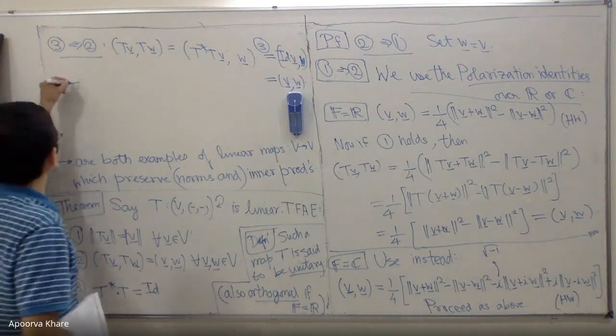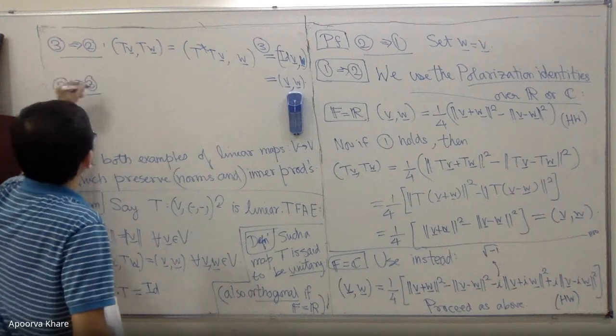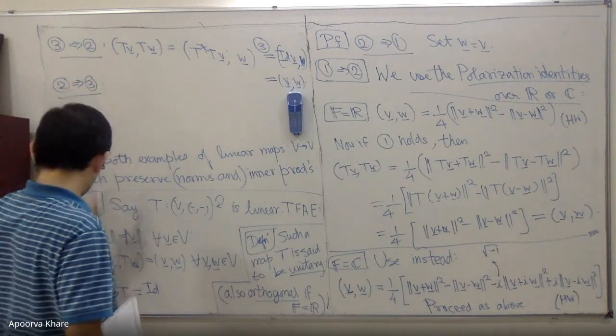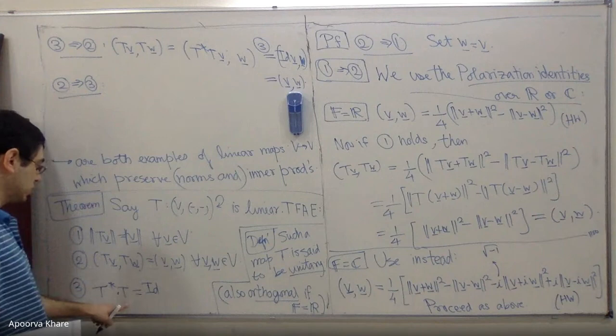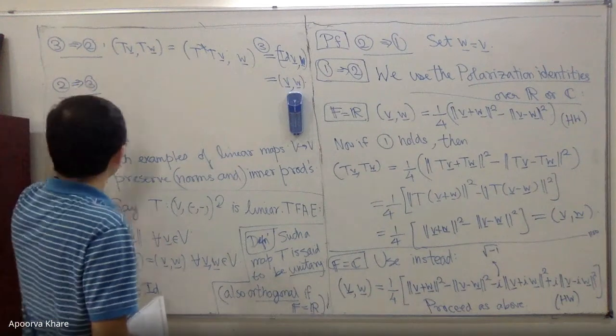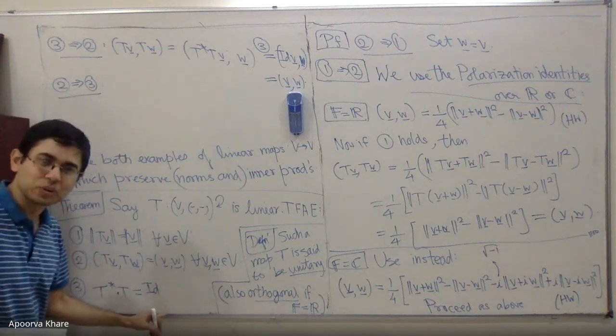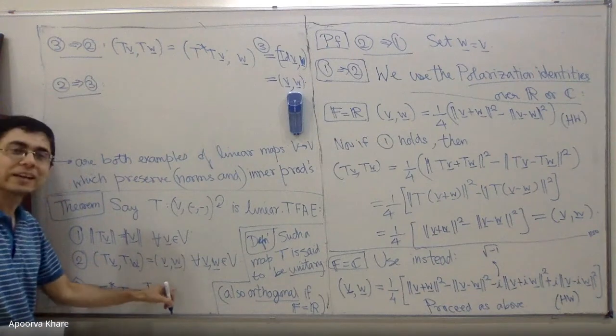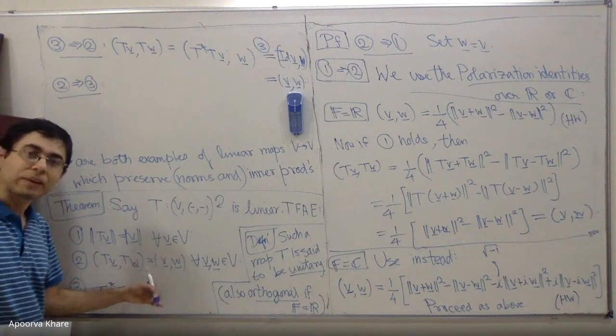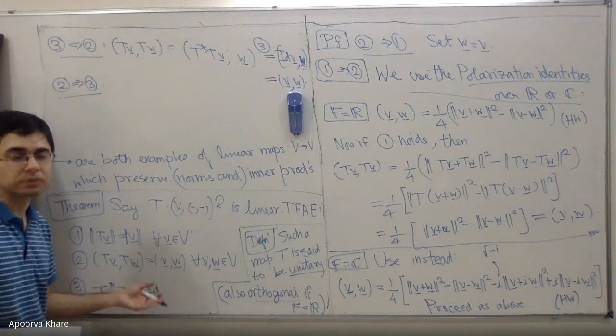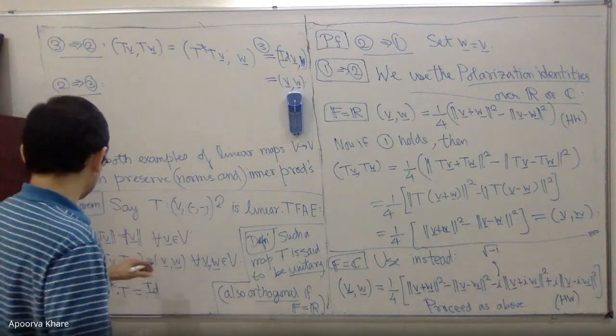Okay, 2 implies 3. Now I know this is true. To prove that two linear maps are equal, you prove that T star T at V equals identity at V, and then by the homework problem, evaluating against something W is the same. So let's just do this.